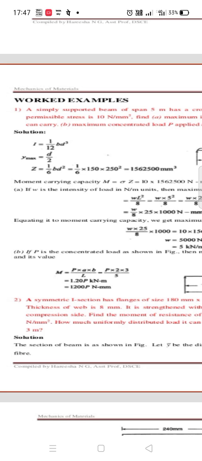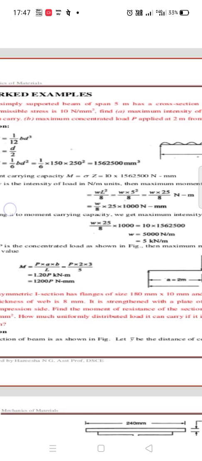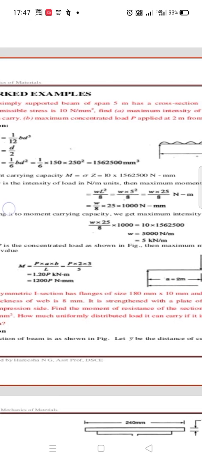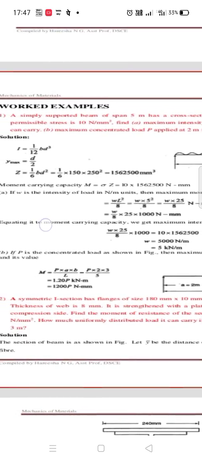I is equal to 1 divided by 12 b d cube, the formula for the rectangular section. Z is equal to I divided by y maximum, where y maximum is d divided by 2, which is equal to 1 divided by 6 b d square, equal to 1 divided by 6 into 150 into 250 whole square. This is for the cross-sectional area.